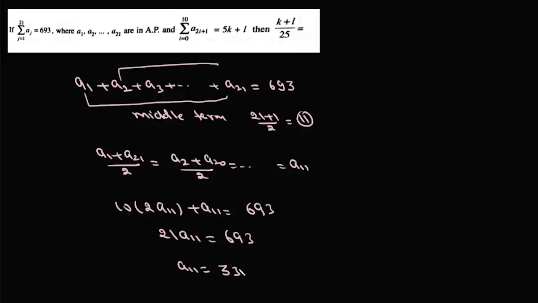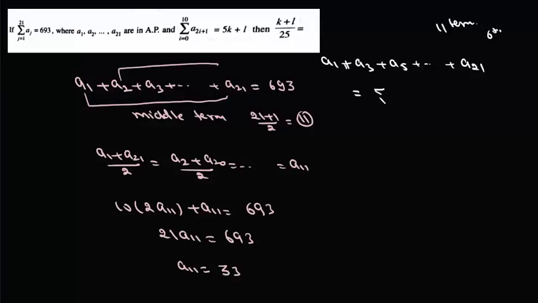Now we need to find sum of this series A1 plus A3 plus A5 up to A21. So here we have 11 terms, and middle term will be its 6th term, which again is A11.